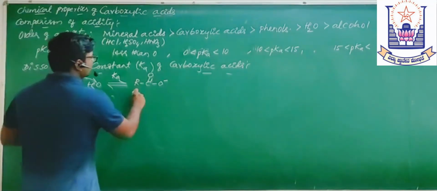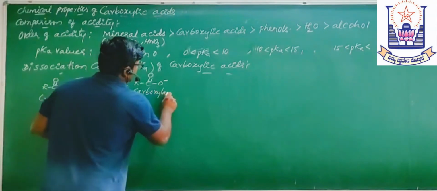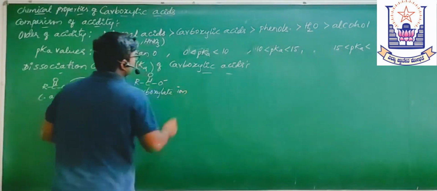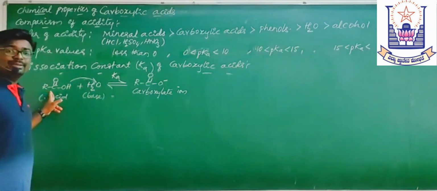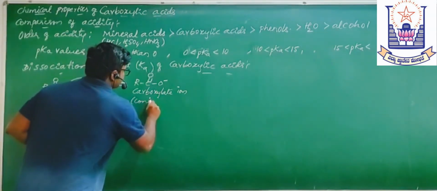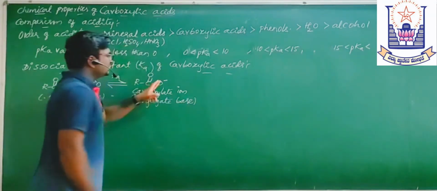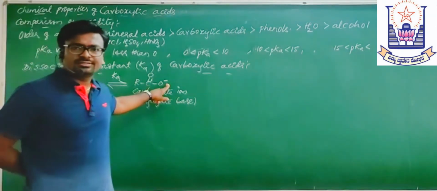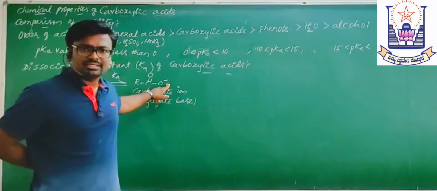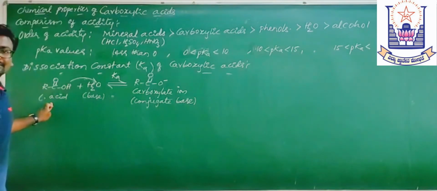The carboxylate ion is called the conjugate base of this acid. It is a base because of the presence of the negative charge, and it is the conjugate base of this acid.